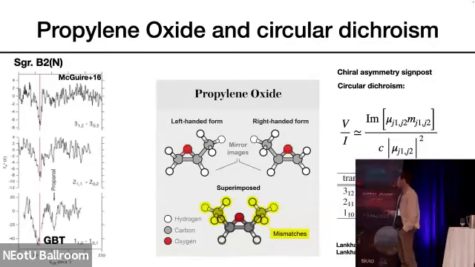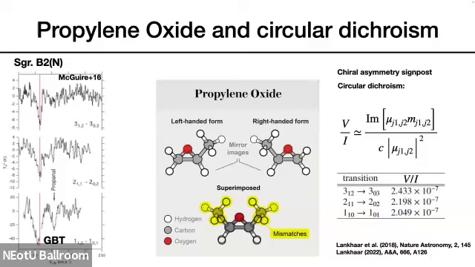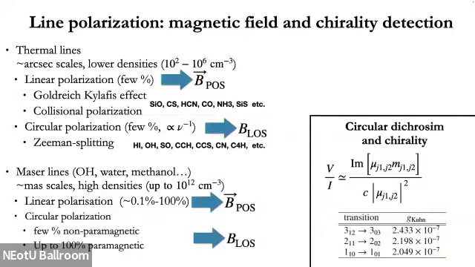What we can do instead, however, is look at a radical chiral molecule, and for a radical chiral molecule, we would expect polarization fractions of the order of 1%. So we should be able to see that with these new instruments. I'm going to leave up my summary slide here, and thank you for your attention.